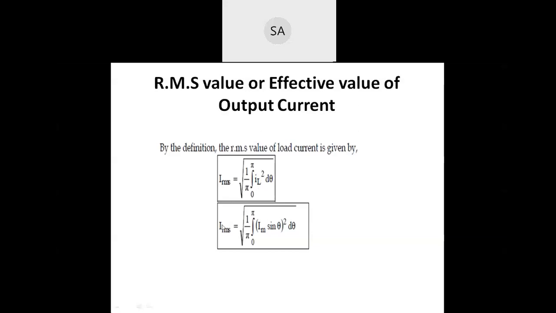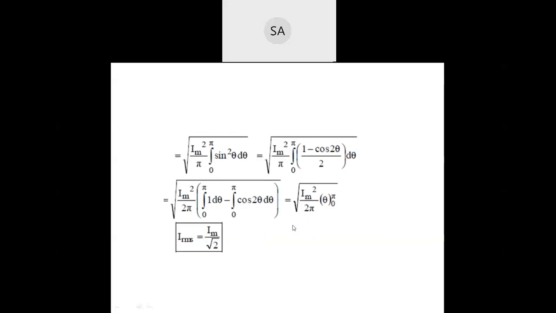IL is equal to Im sin theta. Substituting, we get Im square by pi integral from 0 to pi of sin square theta d theta.